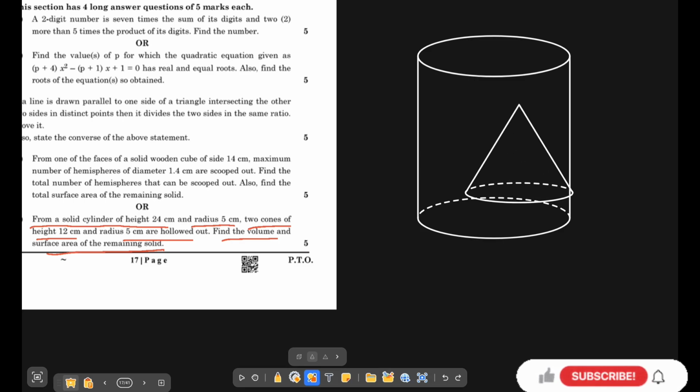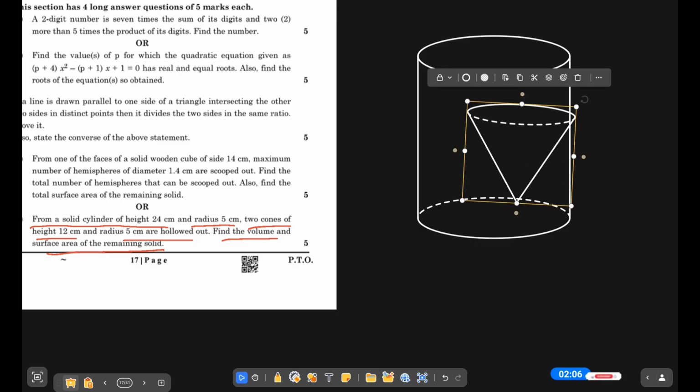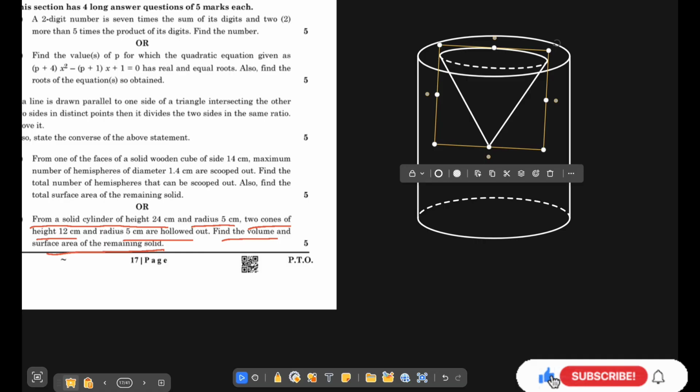So two cones of radius 5 and height 12. Let us think one.